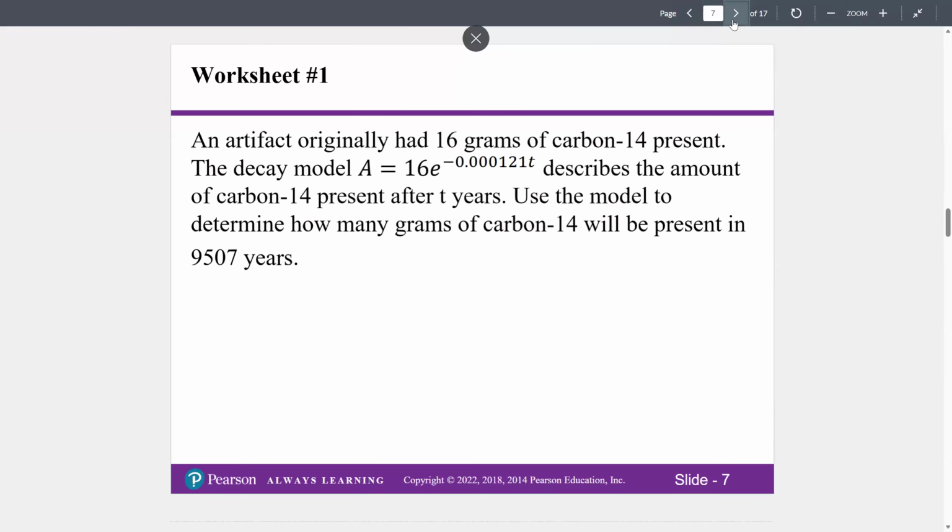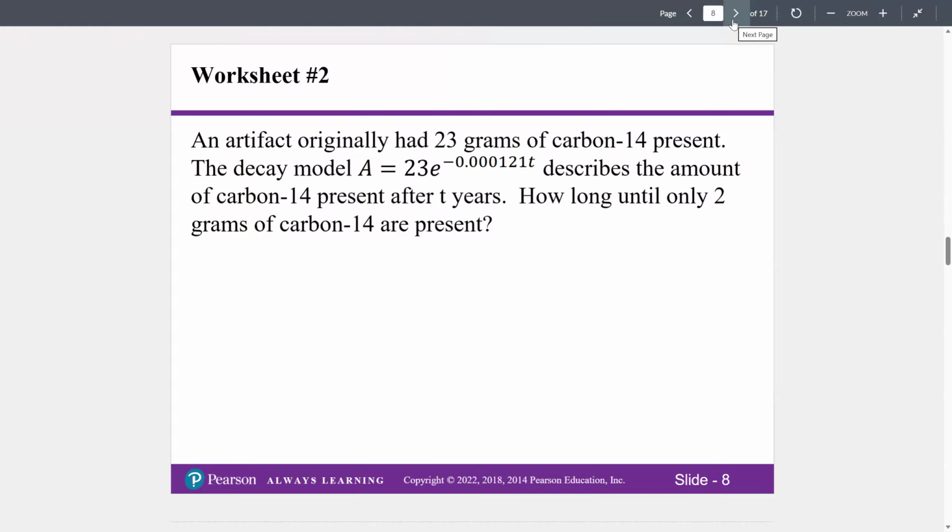So I went backwards. Here, an artifact originally has 23 grams of carbon-14 present. The decay model A equals 23 e to the negative 0.000212 t describes the amount of carbon-14 present after t years. How long until only 2 grams of carbon-14 are present? This is a little closer to what we do. We usually have an idea of how much carbon should be in an object when it is first created, because when they cut down something like a tree, the tree is instantly turned into something, so we know about how much carbon a tree should have.